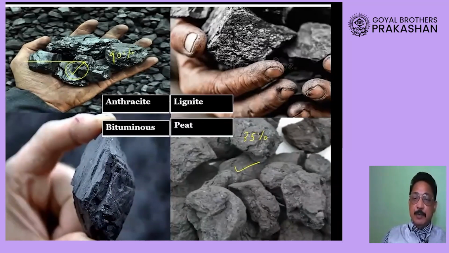So that means the more the carbon content, the greater will be the shine, and the more the shine, the better will be the quality of coal. So this anthracite is the best one, followed by bituminous. Third best is lignite, and peat is the inferior quality of coal.